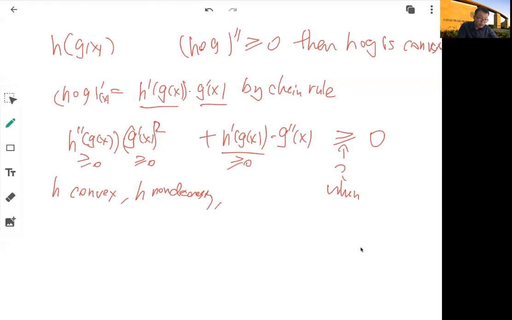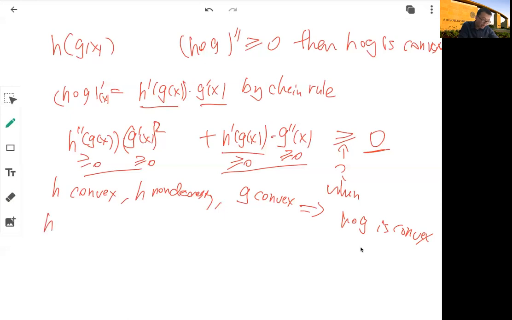Now if g is convex, then by the second order condition, g double prime is always non-negative. So we have two terms that are both non-negative, which implies that the sum is non-negative, which says that h∘g is convex. This is really the way to remember it. You can come up with other rules. H is concave and non-increasing.